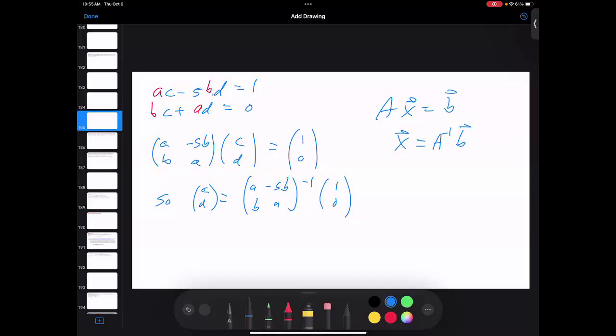So we need to check the determinant. If the determinant is non-zero, it's invertible. The determinant is going to be a squared, no, plus 5b squared, right? Does everybody agree that a squared plus 5b squared is the determinant? Is that zero? What's the only way it's zero?